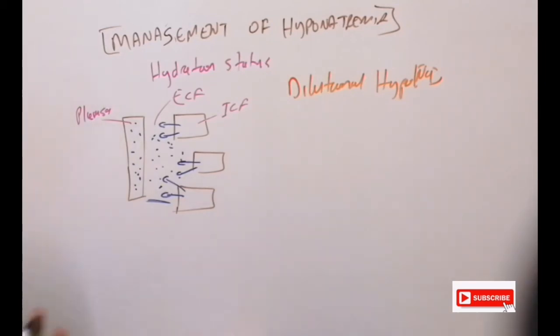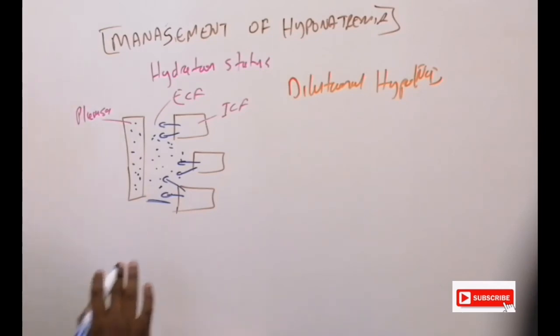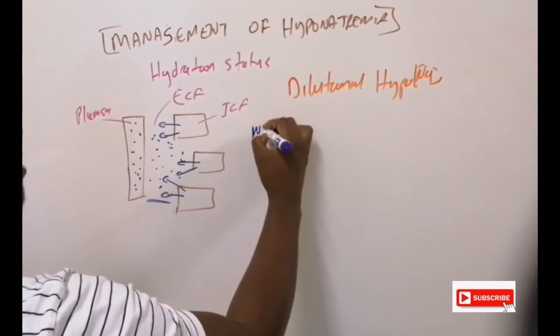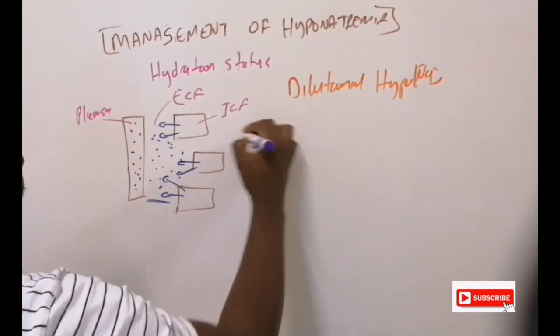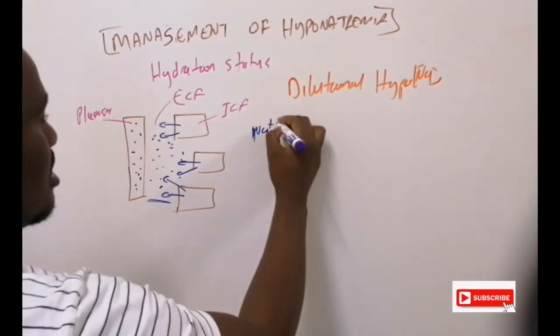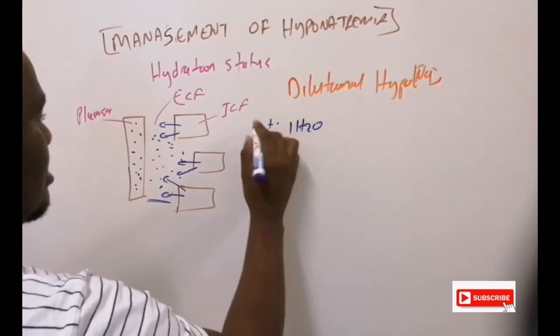I'm going to make an example here. Let's say when everything is normal, for every sodium electrolyte or cation, there is one molecule of water.